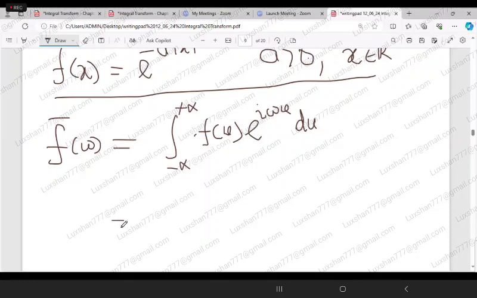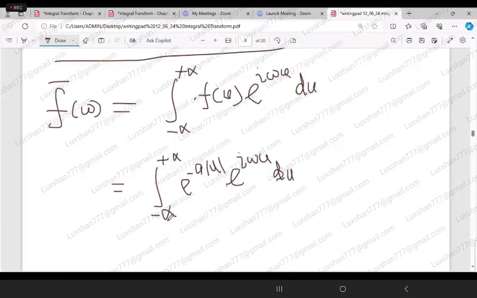So that is equal to the integral from minus infinity to plus infinity of e to the power minus a mod u, not the cos, e to the power i omega u du.